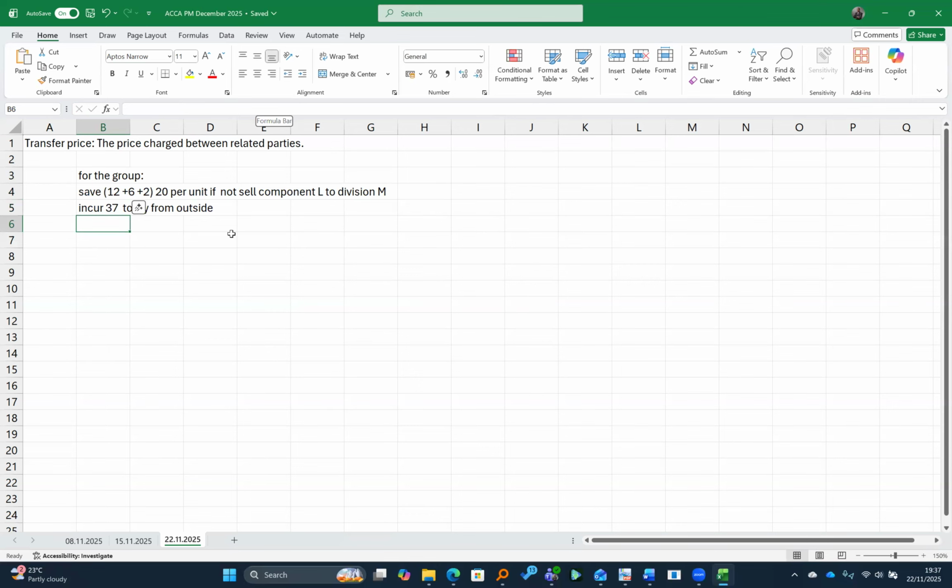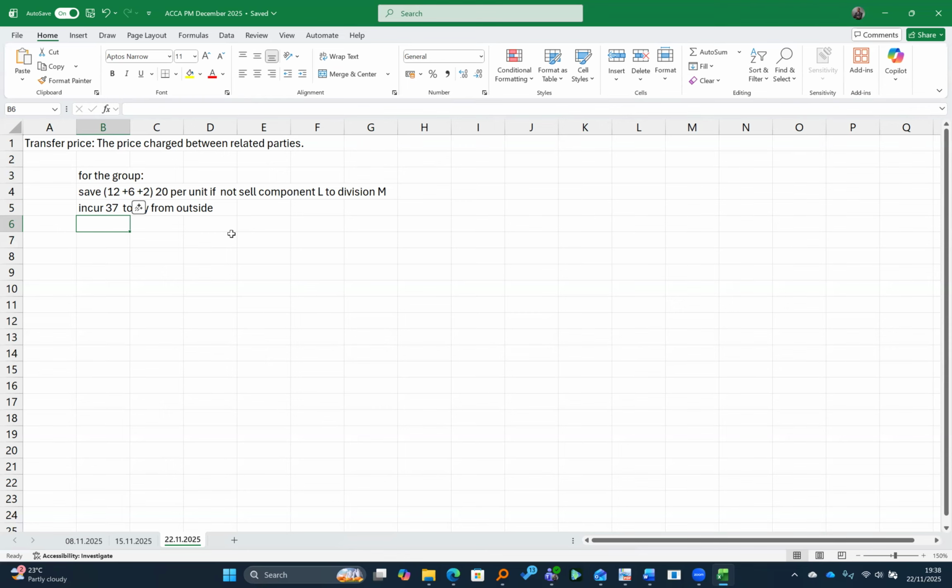If the company as a whole decides to use components from external for division M, it means that we shall be incurring that 37, because remember we said that whatever happens within the company cancels out. But now the 37 will be coming from outside, so we shall incur it. And then because we are not making those components, we shall also save that $20.